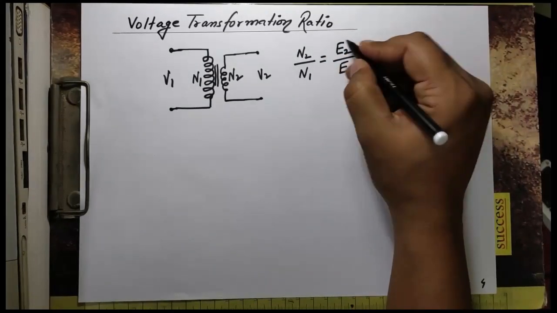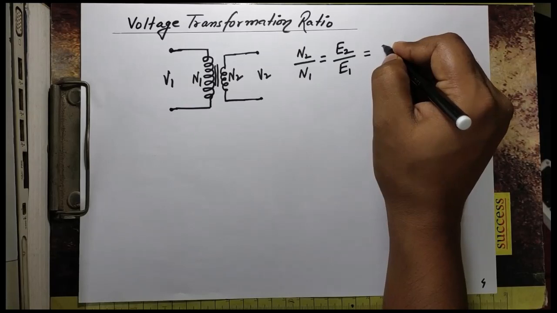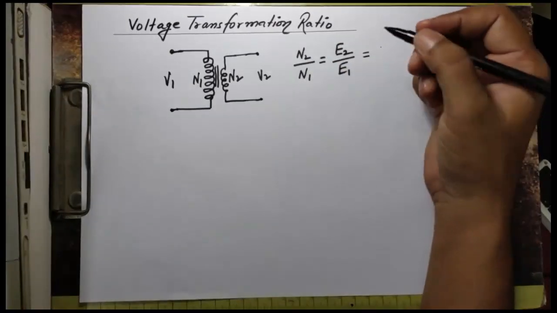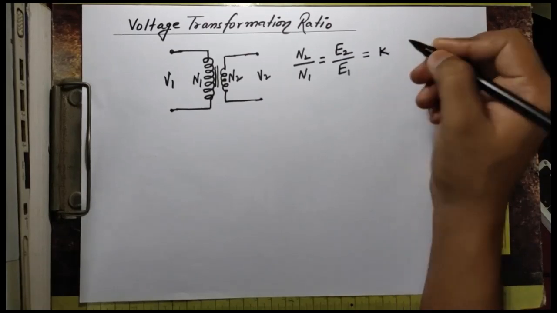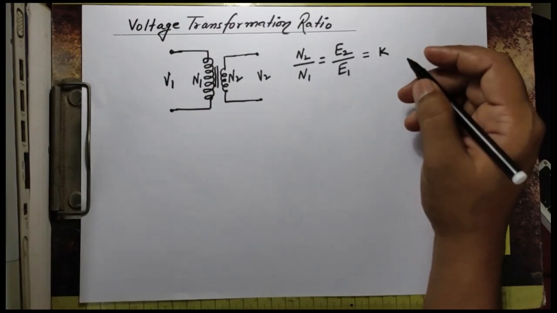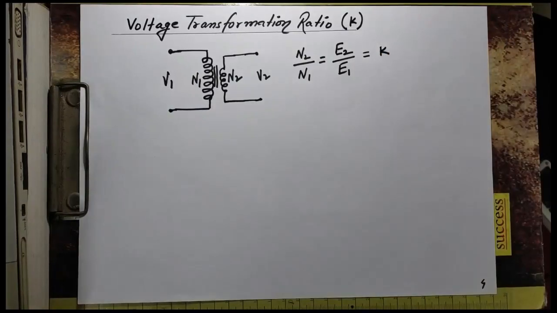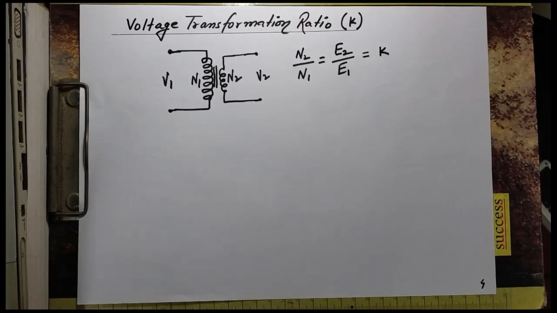This ratio is constant, since these two are constant values, so we take it as K, which is called the voltage transformation ratio. The constant K is known as the voltage transformation ratio.